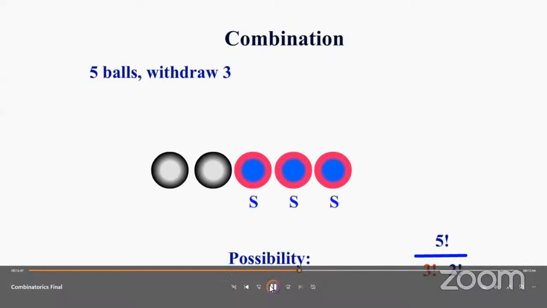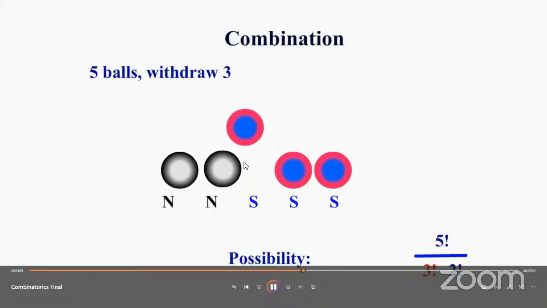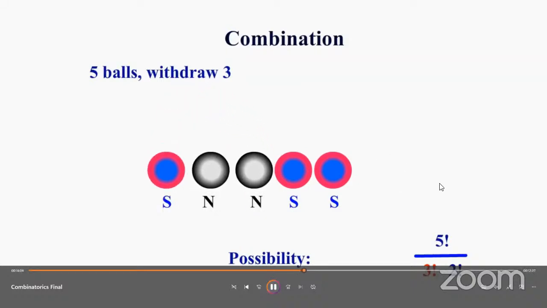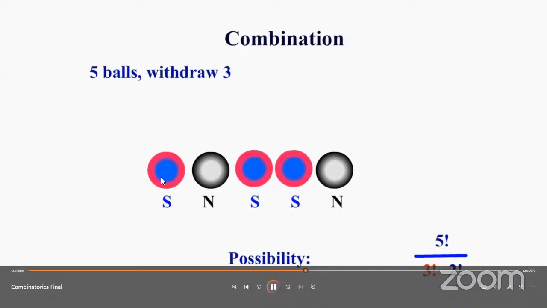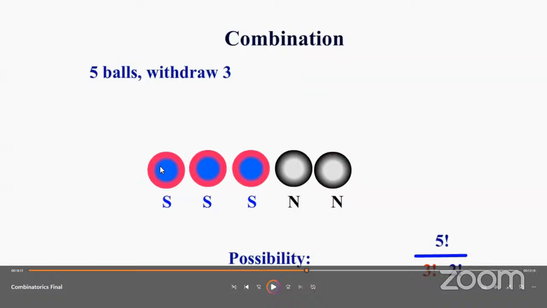So here it is. We choose these 3, and these 2 balls are not chosen. Only these are selected. The possibilities where you interchange them and move them to other places don't matter, so you consider these three as the same, and these two as the same.